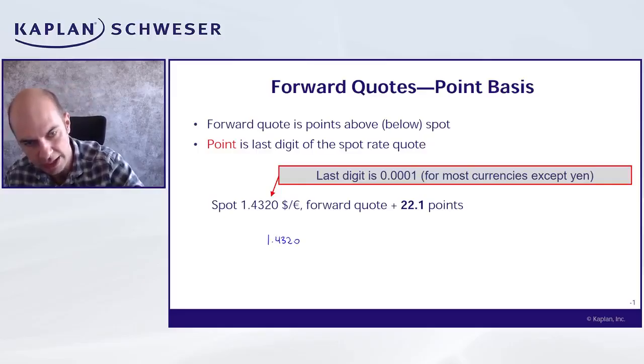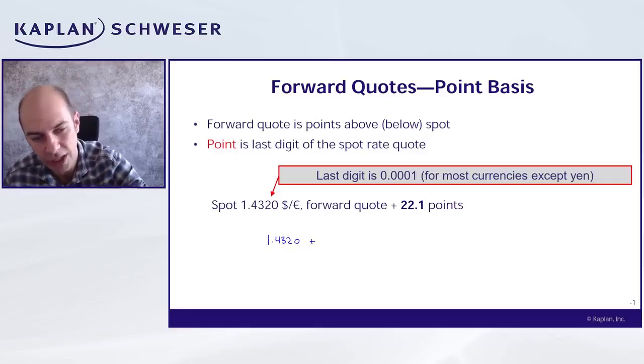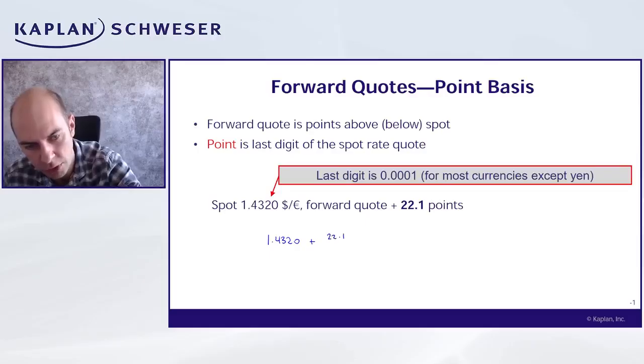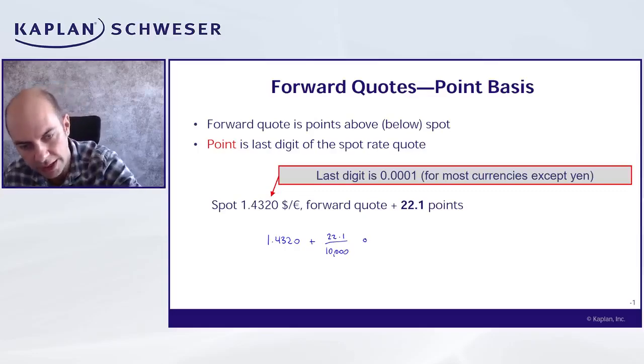1.4320. And what I can do here is they're telling me, okay, the forward is trading at plus 21.1 pips. That means premium. So I can do 22.1 over 10,000. I can do it like that. Or I can also do it like this.